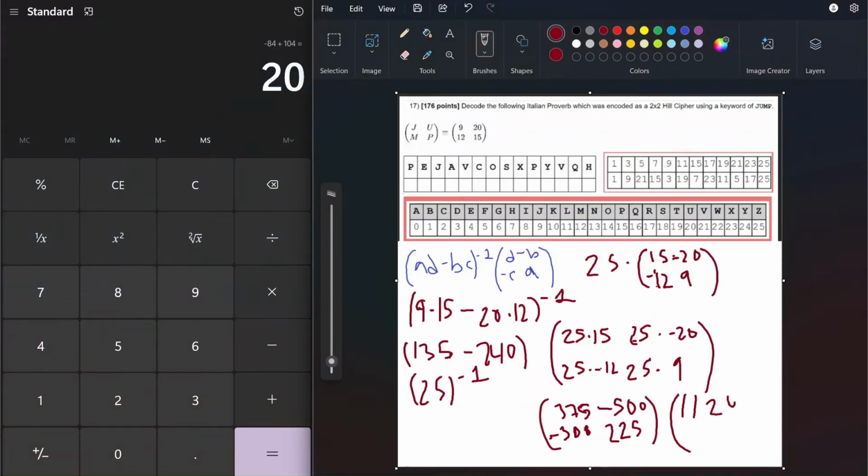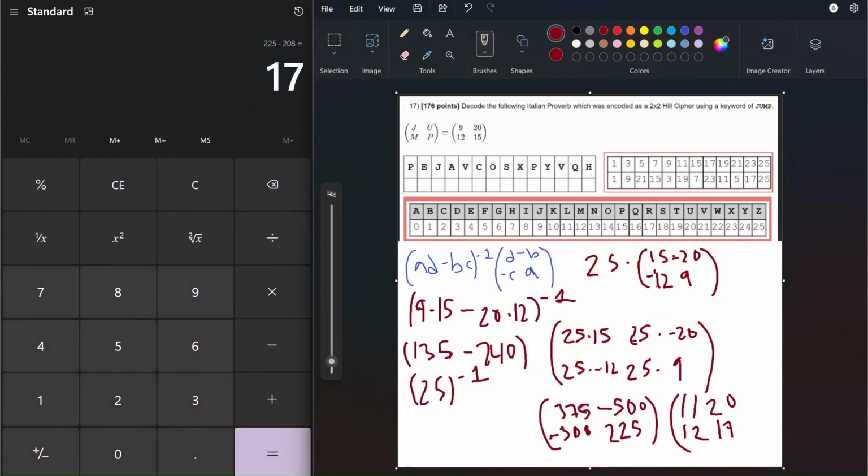Let's say we have negative 300 now. So 300 as a negative. Add 208. Add 104. We have 12. And lastly, we have 225 minus 104. Oh, I can just minus 208. So 225 minus 208 is equal to 17.